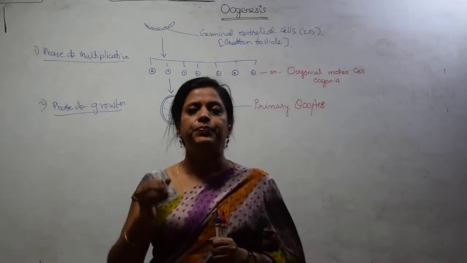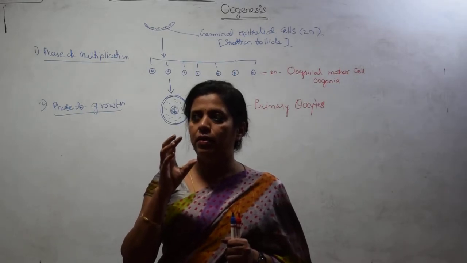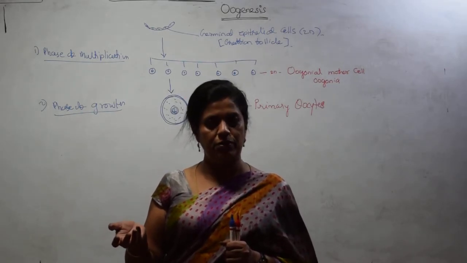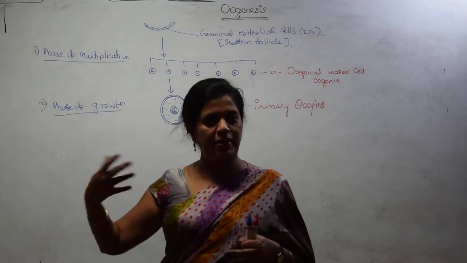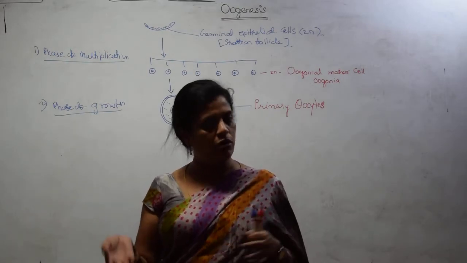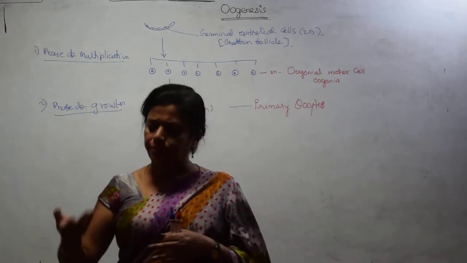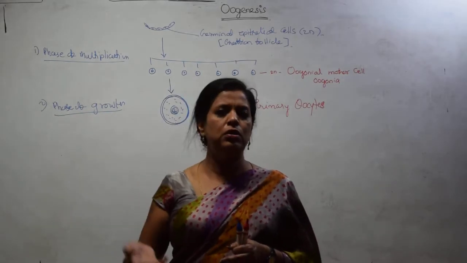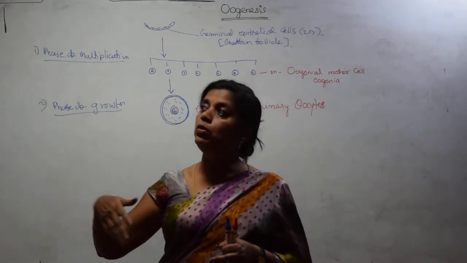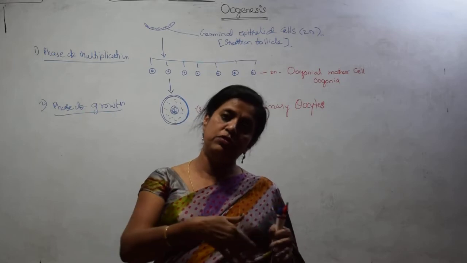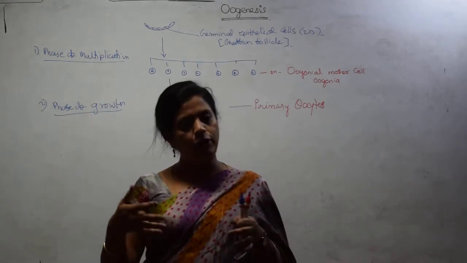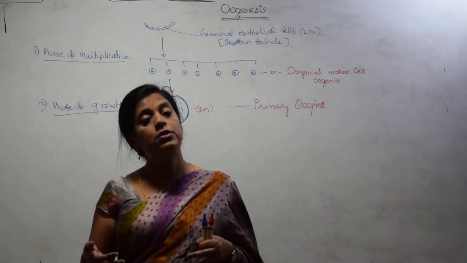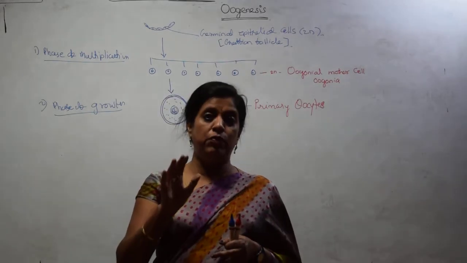First thing is, whenever egg is externally fertilized, imagine in frogs, eggs are released into the water by the female frog. As it enters the water, sperms are released by the male frog. The sperms have to search the egg and fertilize. After fertilization, embryo will be formed.